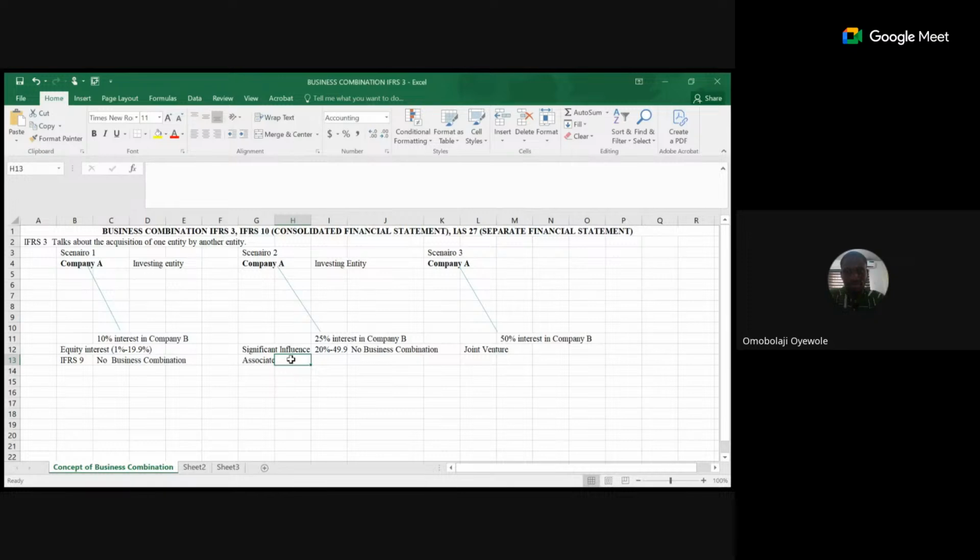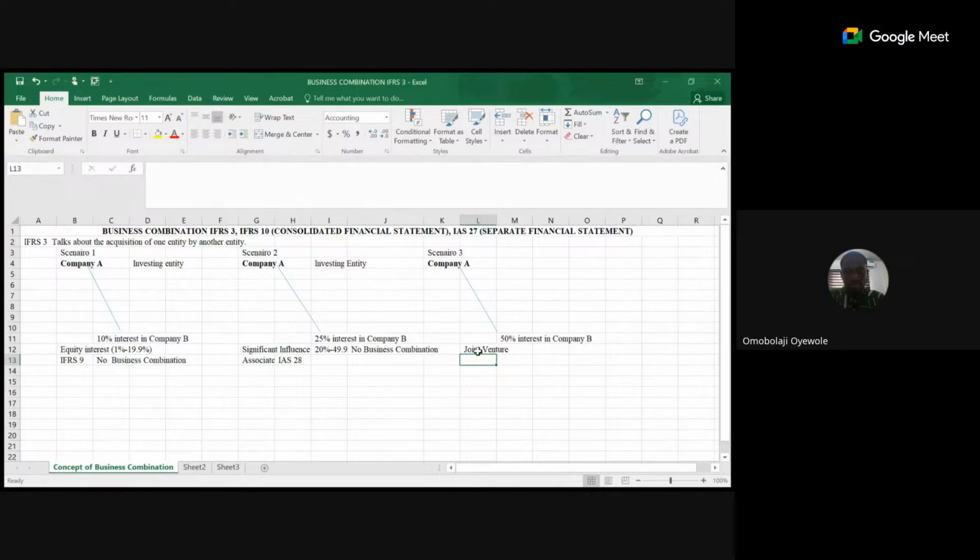And this associate is accounted for in line with IAS 28. Even the joint venture too is accounted for in line with IAS 28, joint venture and associate. So that's the significant influence, associates.